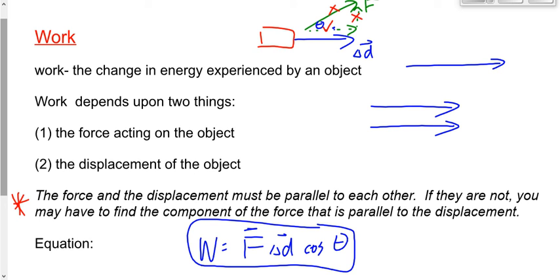If I pull it this way and it moves this way, what's theta? 30. So my work would be F times D times cosine theta. In other words, the x component of the force times the displacement. Oh, what about this one? This one's a great one.